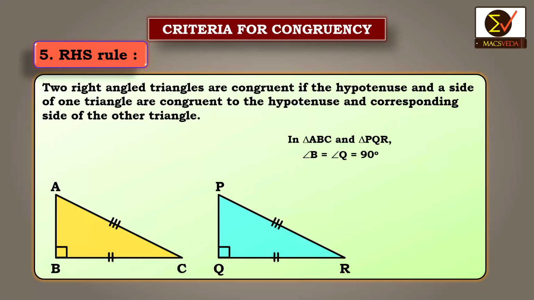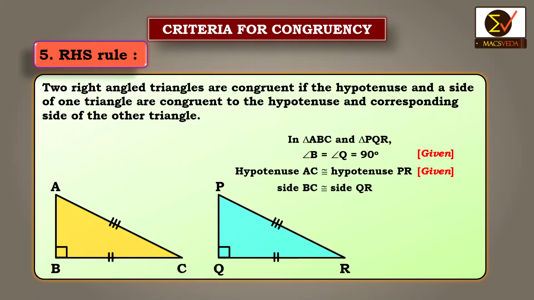Because they are right angle triangles, obviously one of the angles must be 90 degrees. So the corresponding 90 degree angles are B and Q. They are equal, given. Then hypotenuse AC is equal to hypotenuse PR, that is also given. Side BC is equal to side QR, also given. Then triangle ABC is congruent to triangle PQR by the hypotenuse side test or right angle hypotenuse side criterion.